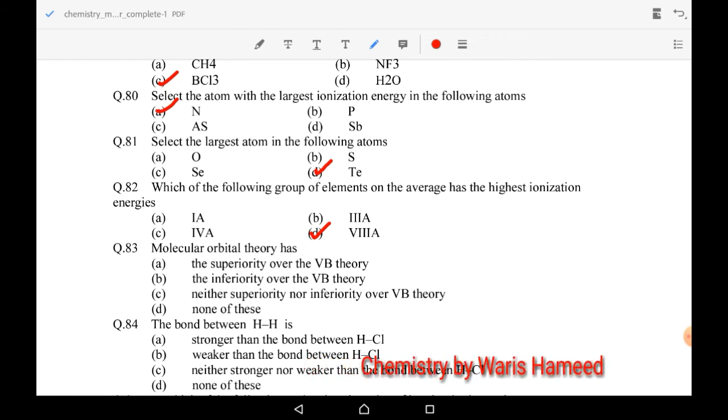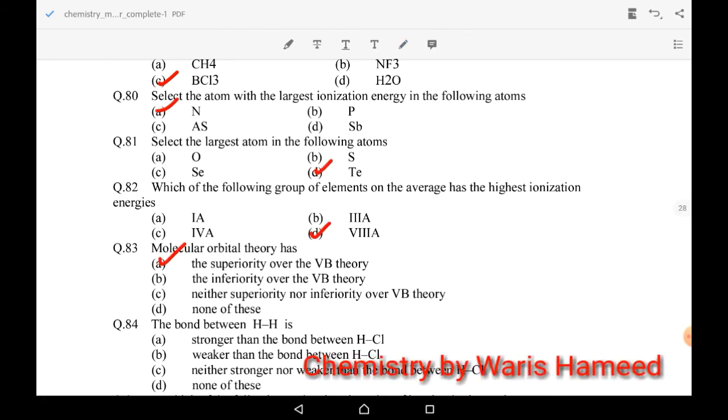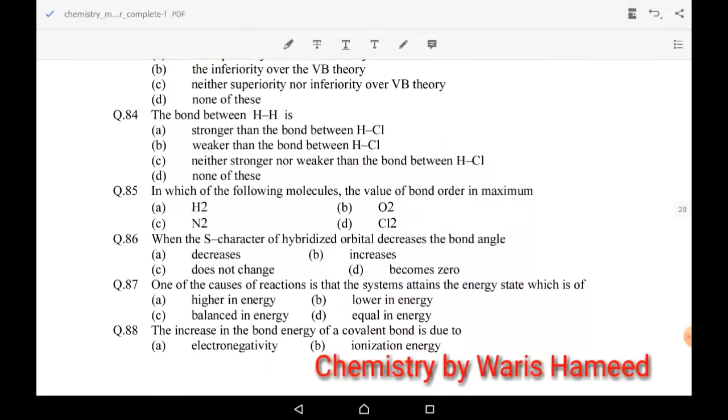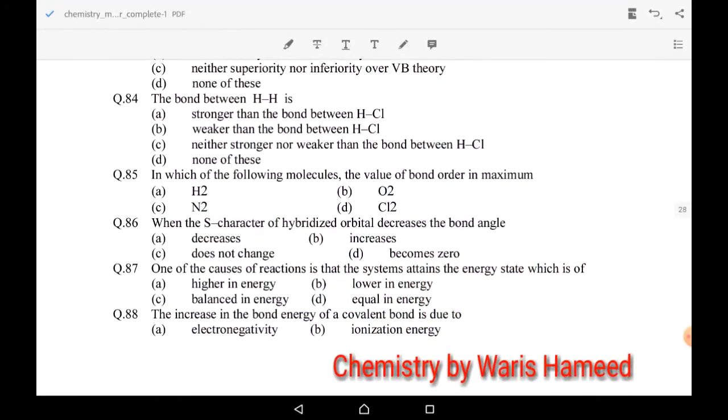Molecular orbital theory has superiority over the VBT. A option is correct. The bond between hydrogen is weaker than the bond between HCl.